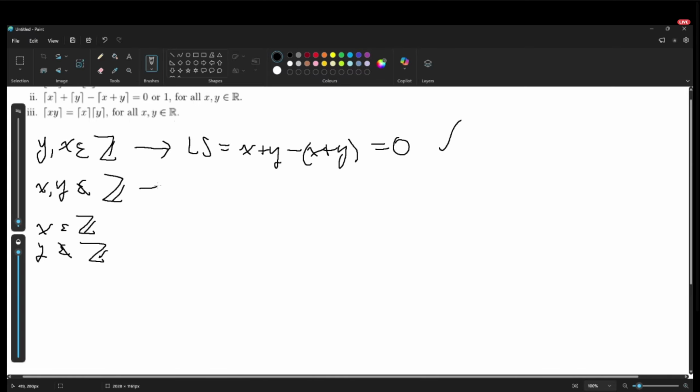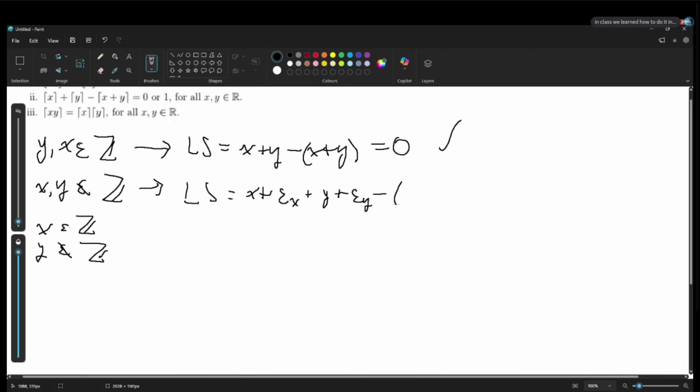For the next case, the left-hand side is x plus some remainder term, epsilon x, and the other one is y plus some remainder term, epsilon y.